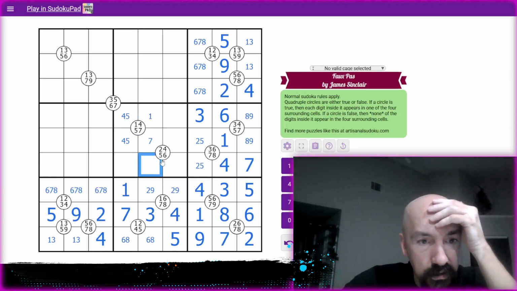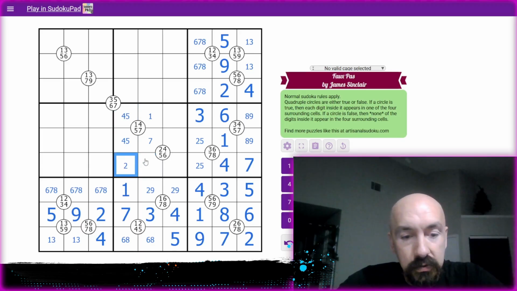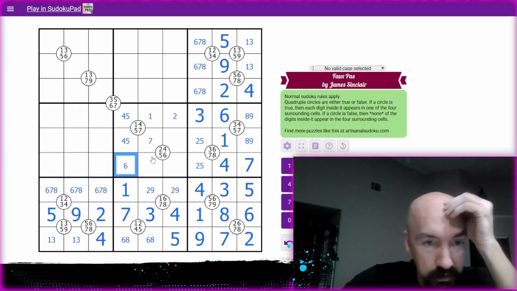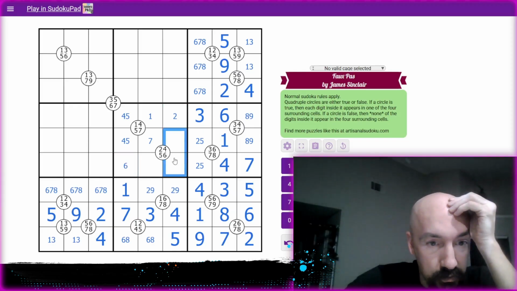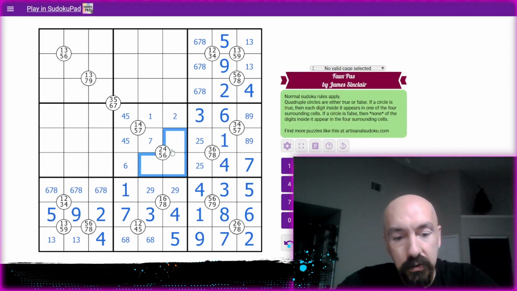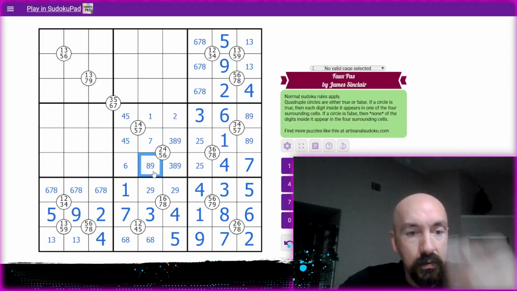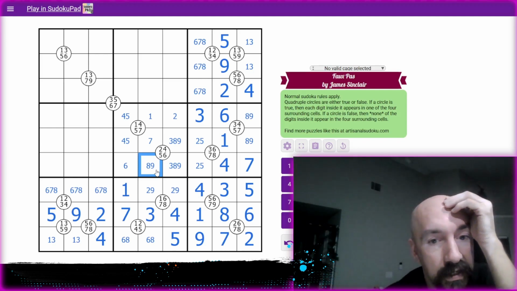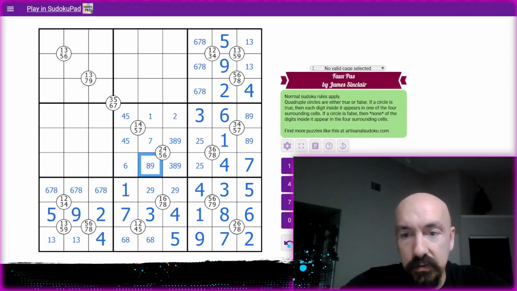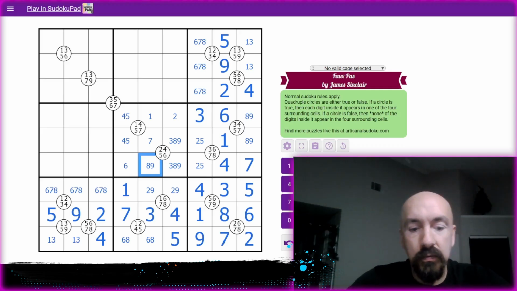Okay. Which means 2, 6 would go there, and so that would be a 2. That would be a 6, which would put 3, 8, and 9. Okay, so 1, 4, 5, 7 can be true in box 5.